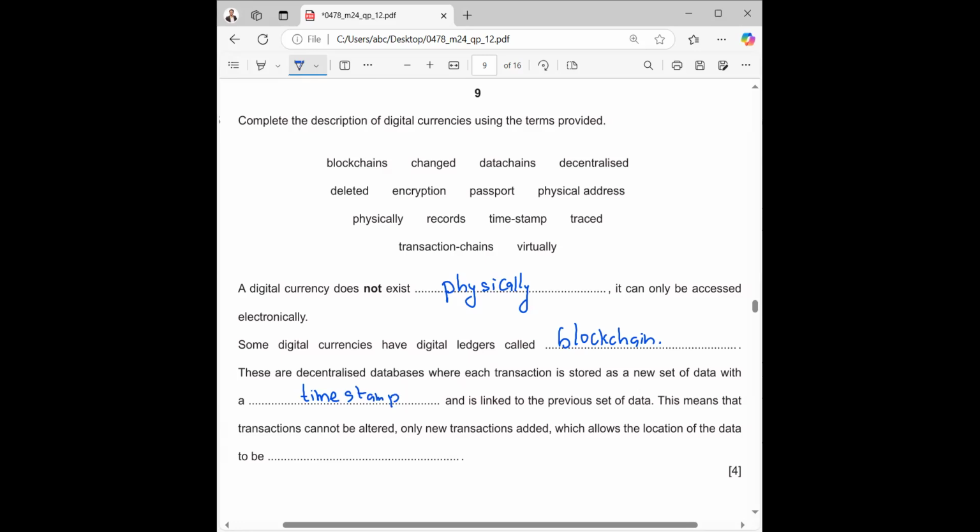Yes, timestamp. I showed you the video on that. That video is the perfect explanation of this. This means that the transaction cannot be altered. Only new transactions can be added, which allows the location of the data to be traced. Yes, perfect, perfect.